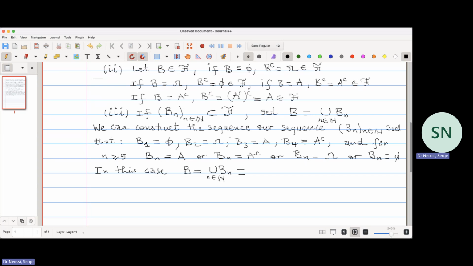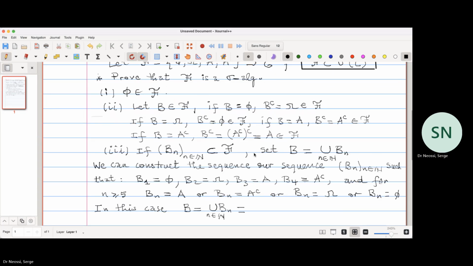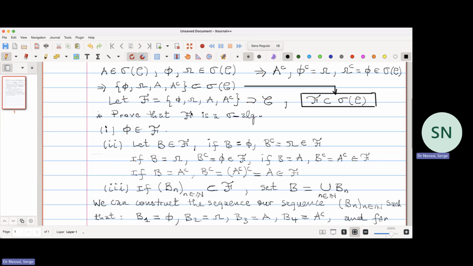Actually, we are taking the union of elements of F. If we take the union of all these elements, it will give us omega, because A union A complement is omega.